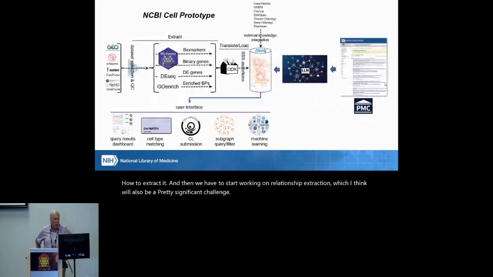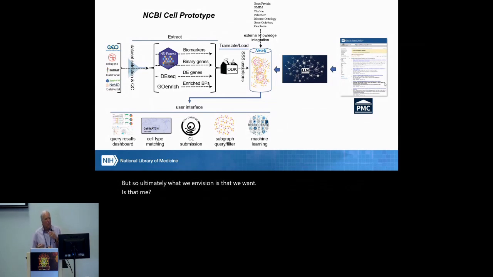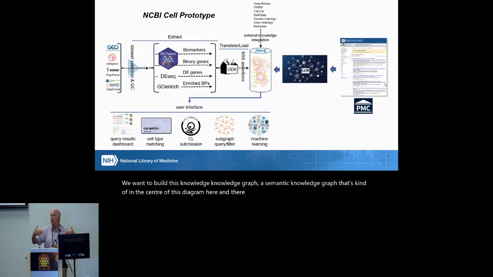But ultimately what we envision is that we want to build a semantic knowledge graph, in the center of this diagram here. And there are two sources of knowledge that we want to bring in. One is these repositories that have all this data, like in this case, from the single cell transcriptomic community.